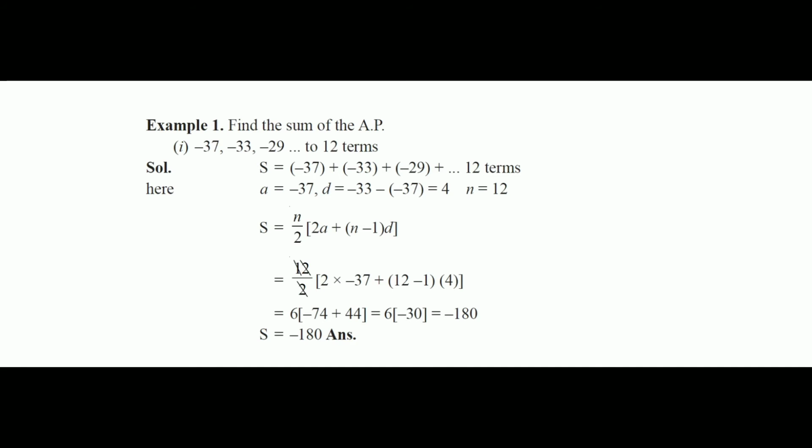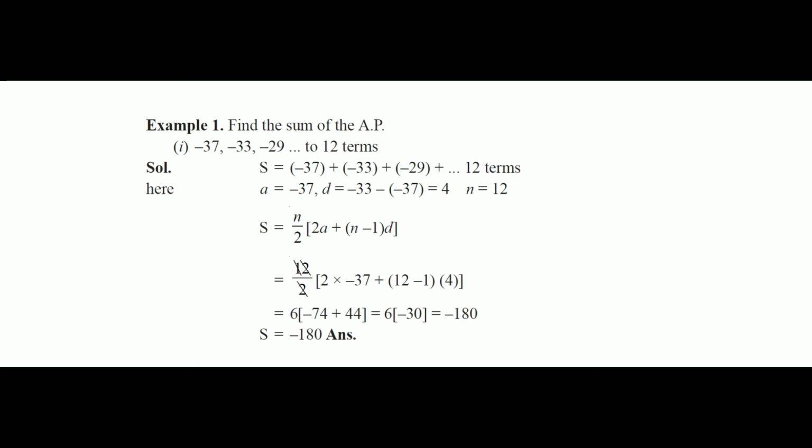Now outside the bracket it is 12 by 2, that gets cancelled to 6. 6 2s are 12 outside the bracket, and inside, 2 multiplied by minus 37 is minus 74. Further 12 minus 1 is 11. 11 into 4 is 44.